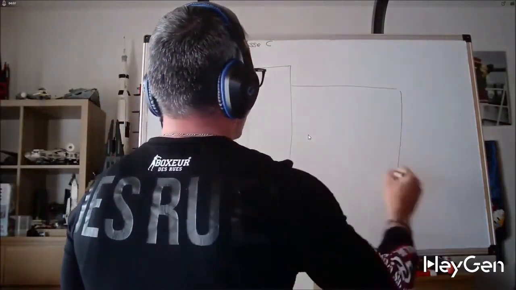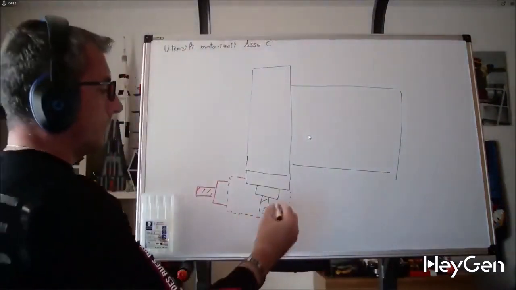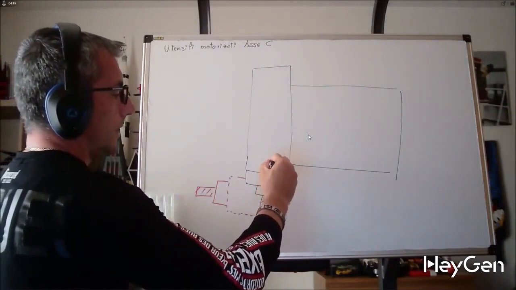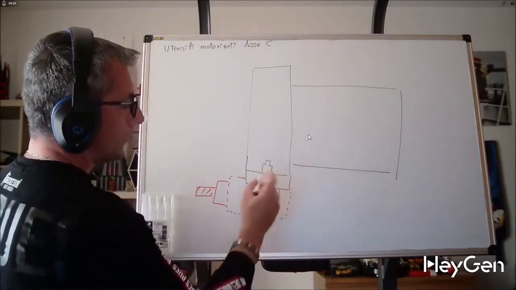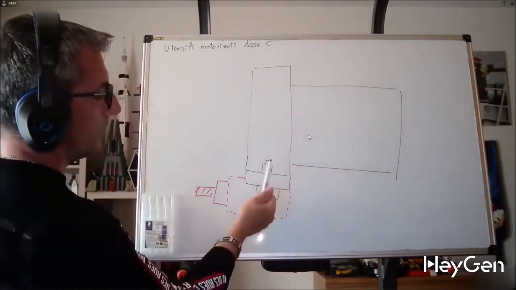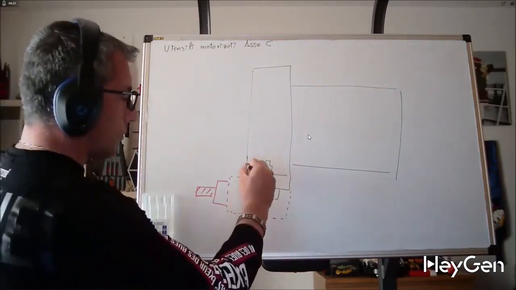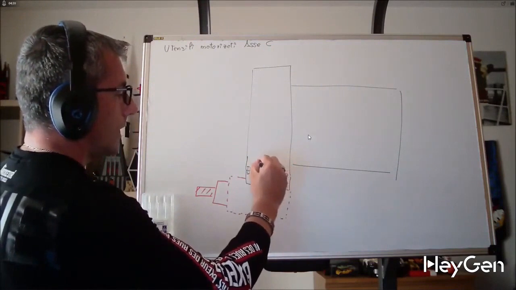Why do I say there's a limitation? Because look at this turret. For many lathes, it's at a 1.1 scale. So what will I have here? I will have something like this inside. Okay, so this is connected to the rotating shaft.